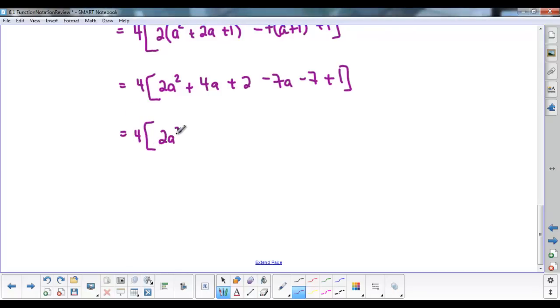So we're left with 2a squared, 4a, take away 7a, and then plus 2 minus 7 plus 1. And then finally, I'm going to take that 4 on the outside and distribute it inside the bracket. Becomes 8a squared minus 12a minus 16.